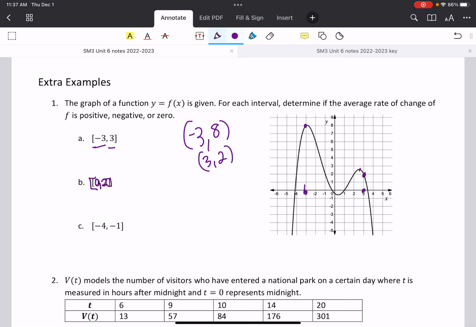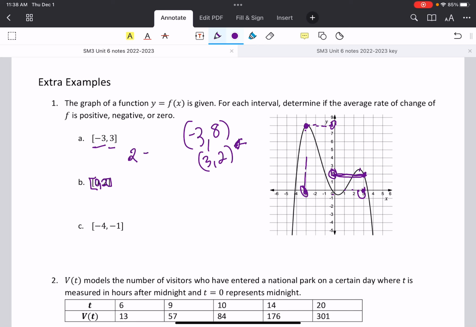This is -3, and I went up till I got to the point, and I found its y value, which was 8. This was 3. I went up till I found the point where it crosses, and its y value was 2. So you take the second value, 2, and then it's y's over x's.